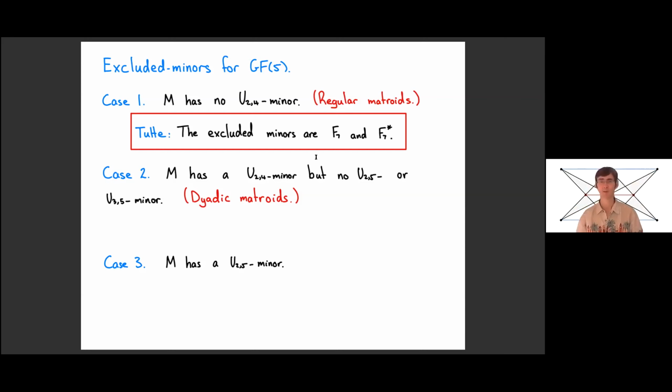I had just found the excluded minors for GF4-representable matroids, and a lot of the ideas carried over to dyadic matroids. And we basically felt that this problem would fall over quickly. It's now quite a lot later and it hasn't fallen over yet, but I do think that its days are numbered. So hopefully we can at least do that. And then of course there's the general case, and hopefully we'll also do that.